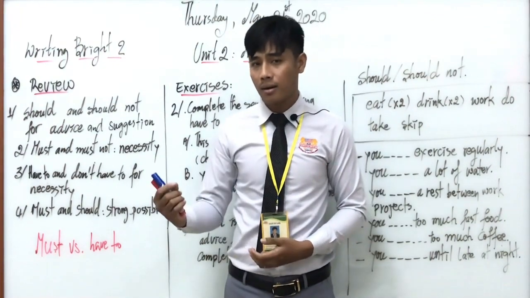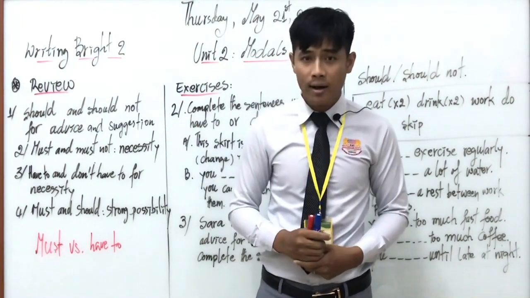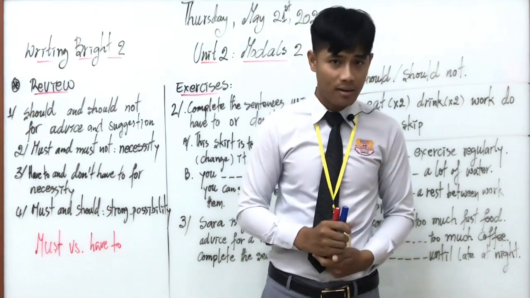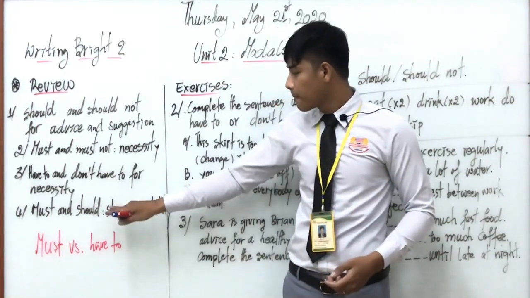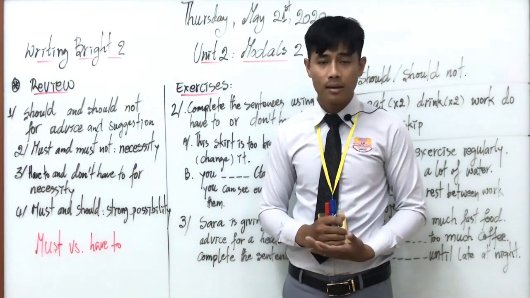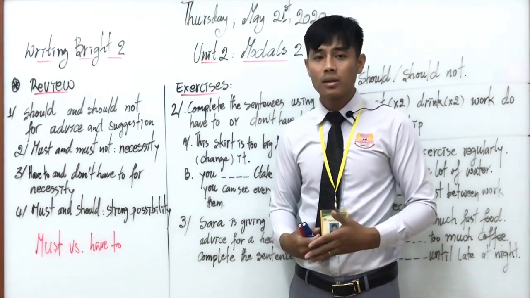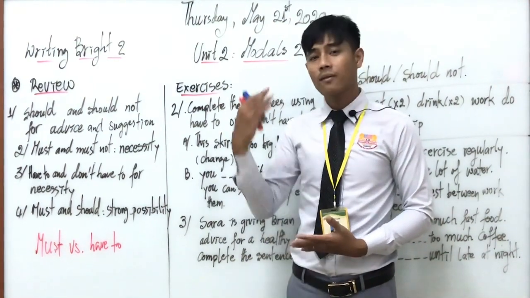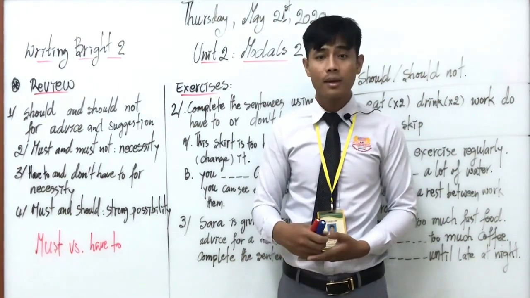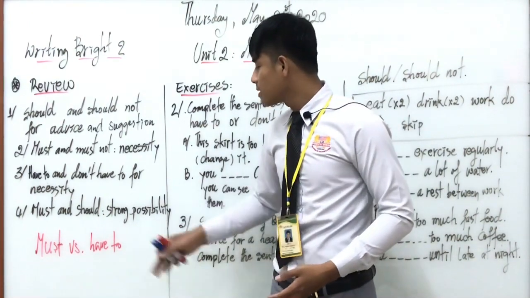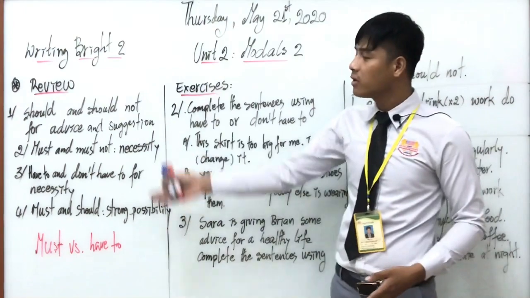So I am sure, because I know her already. I know her ability. I know something about her. So that's why I can say she must be a good person. Okay, she is polite, she is friendly, she is clever. That's why I can say she must be a good person. Good, with strong possibility.